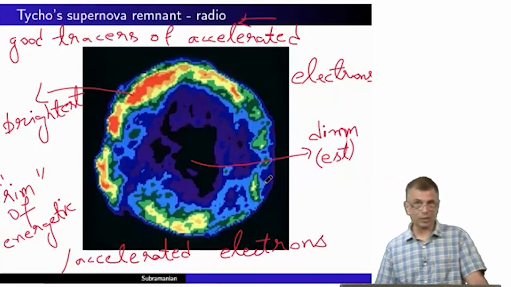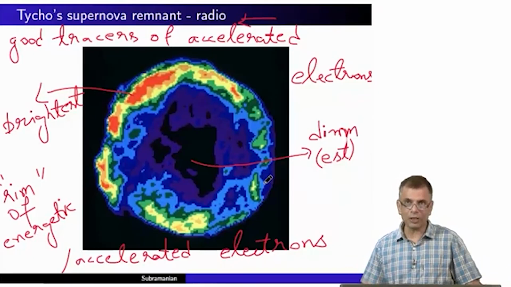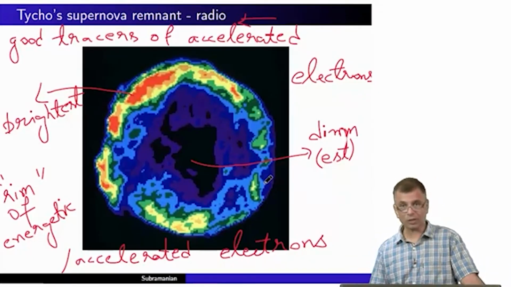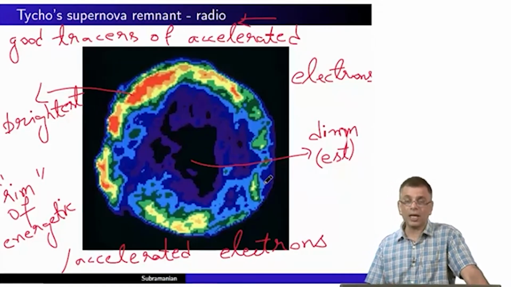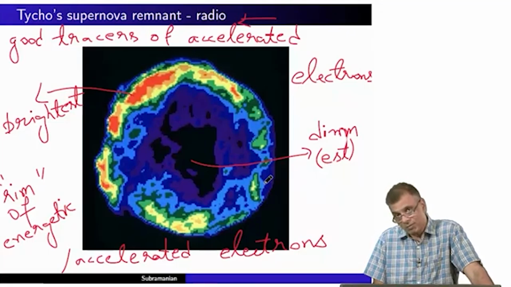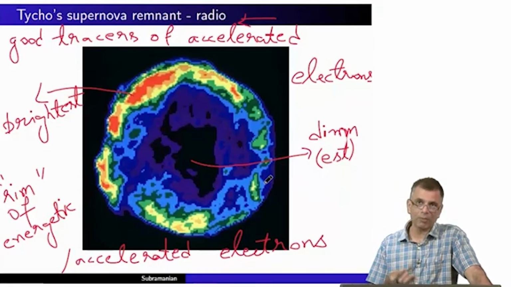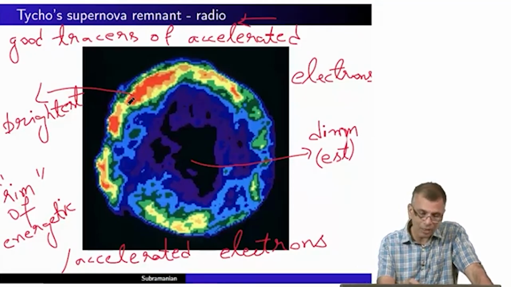And as we have discussed many times, the utility of shocks in astrophysics, the reason we are interested in shocks in astrophysical context, is that they are very good agents for accelerating electrons, for taking electrons from a thermal pool and accelerating them into non-thermal electrons. And here you see an evidence.